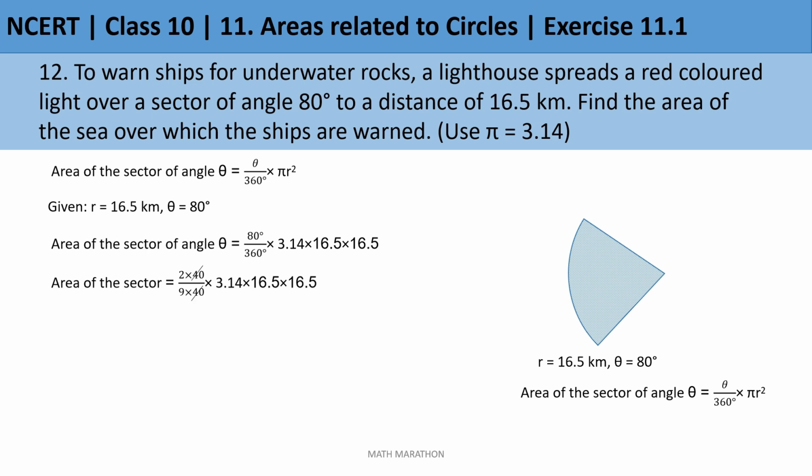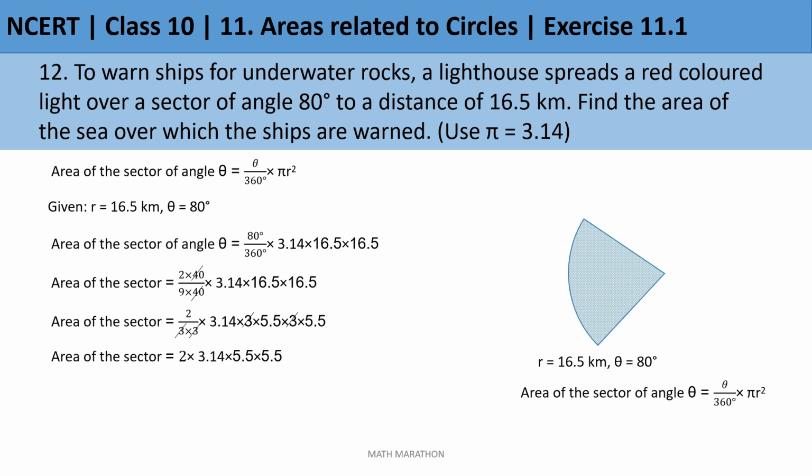In numerator and denominator, we have 40. We can cancel out 40. In numerator and denominator, we have 3 multiplied by 3. We can cancel out 3 multiplied by 3.